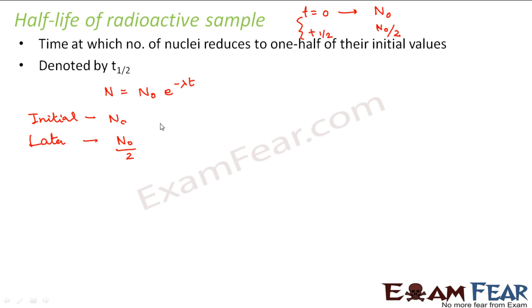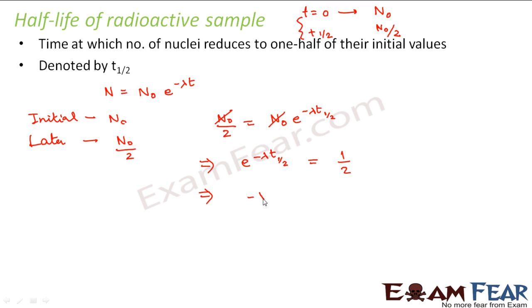It should be N naught by 2. So we can write N is equal to N naught by 2 here. So N naught by 2 is equal to N naught e to the power minus lambda t. N naught and N naught will get cancelled. So we can write e to the power minus lambda t, where this t is nothing but T half, is equal to 1 by 2.